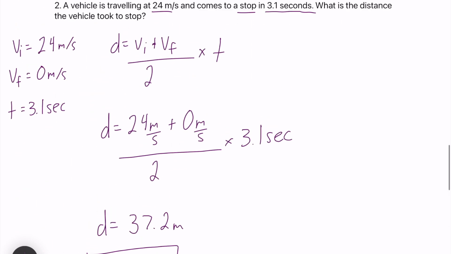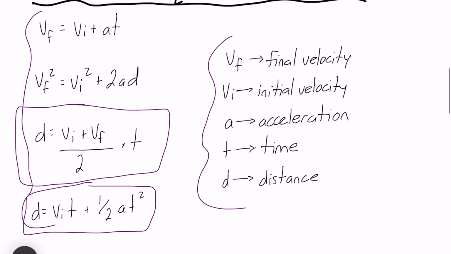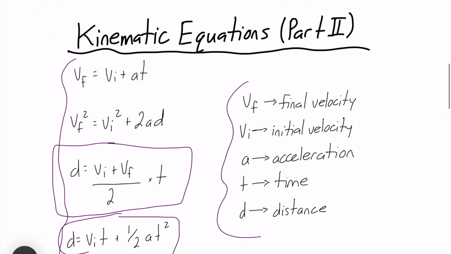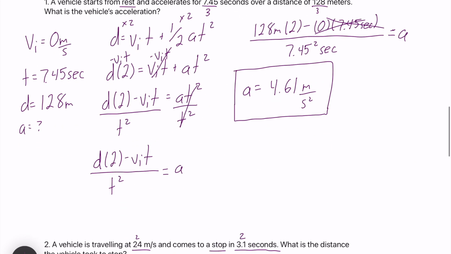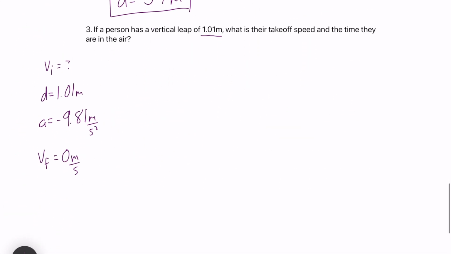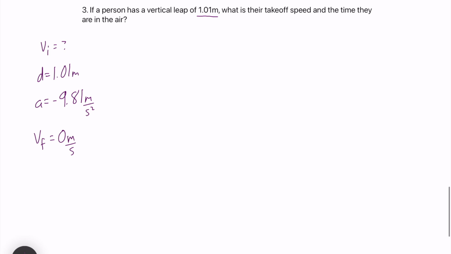Let's scroll on up here. And what I think we should be using, I would pick this one right here because we have VF, we have A, and we also have distance. So we can manipulate and solve for VI. So let's go ahead and write down that formula there and we can get to work.